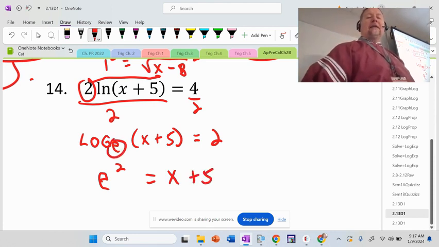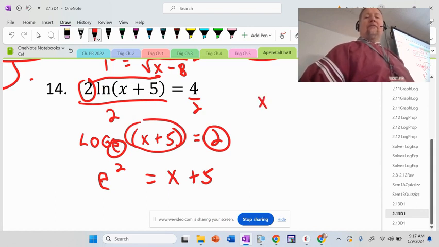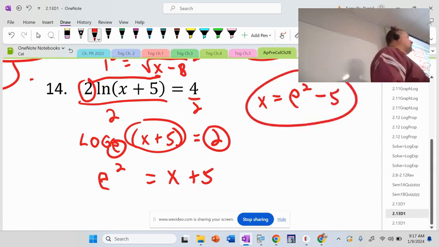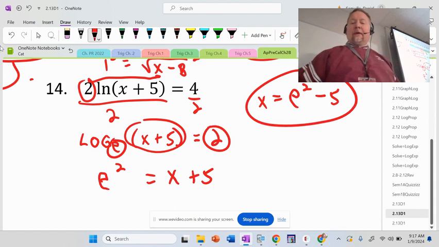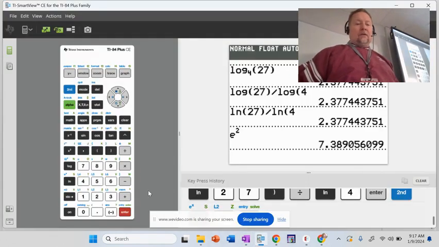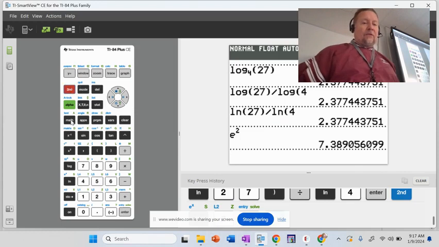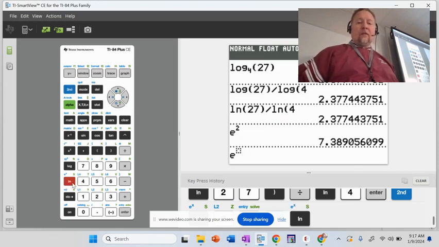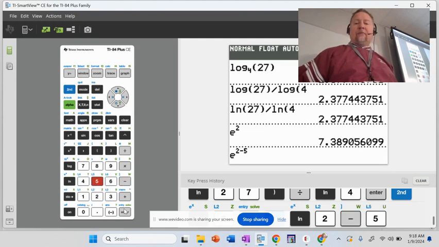So base, exponent, answer, and then subtract 5. And then this is the answer in calculator ready format. And just to know that it exists, this is simply what you would type.